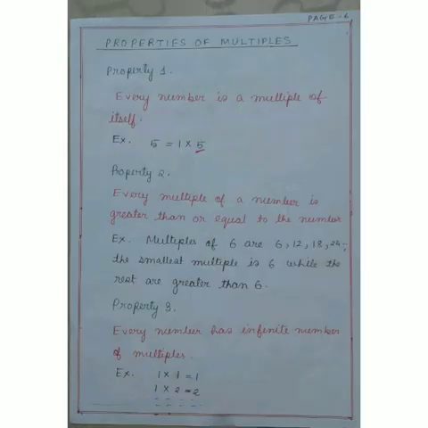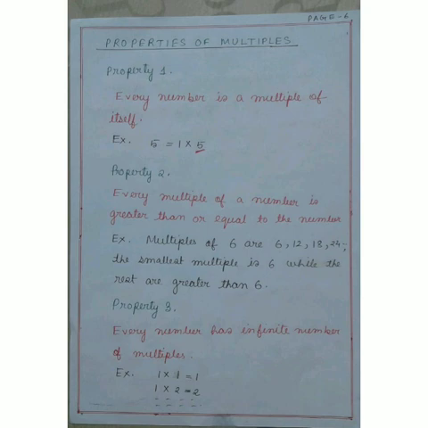Now, let us check some properties of multiples. Property number 1, every number is a multiple of itself. So, if I take an example of 5, I can write it as 1 into 5. So, 5 is a multiple of 5.